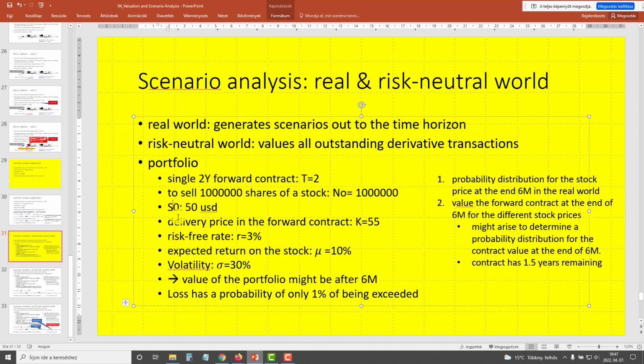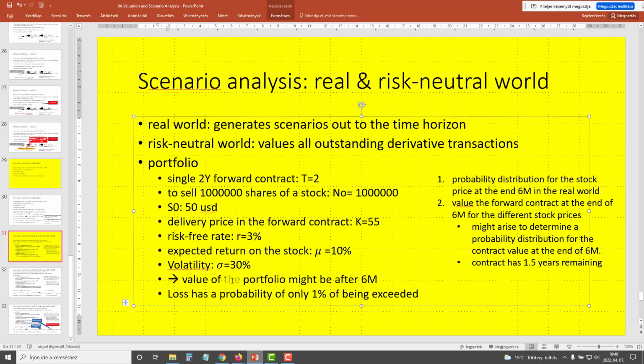And right now the spot price is $50 US, and the delivery price in the forward contract will be 55. So we have to sell this at a higher price than right now. Risk-free rate is 3%. Expected return on the stock is 10%. That's the mu. Volatility is 30%.